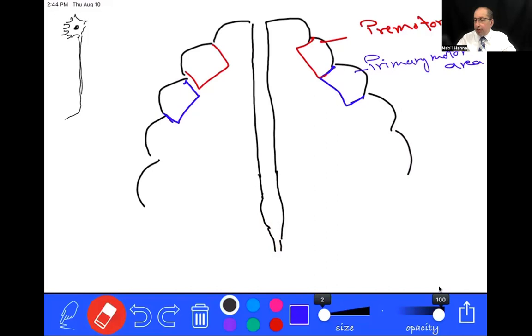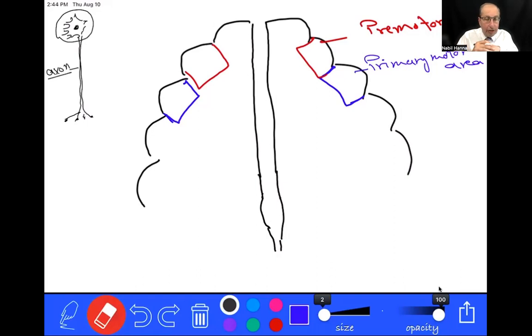That's the structure of any neuron. So these cell bodies are present in the premotor area and primary motor area. And when groups of nerve fibers or axons travel together in one bundle, we call this bundle a tract.